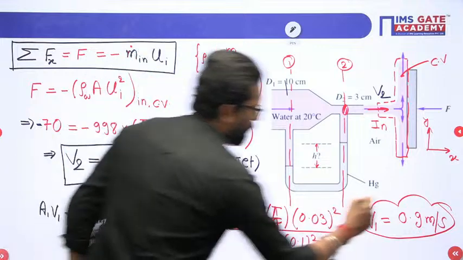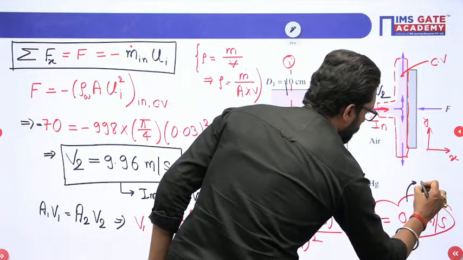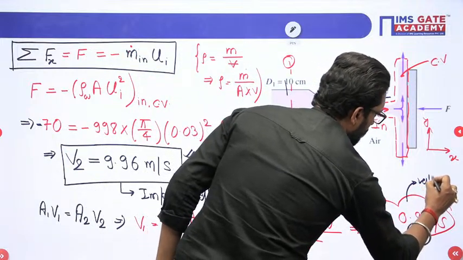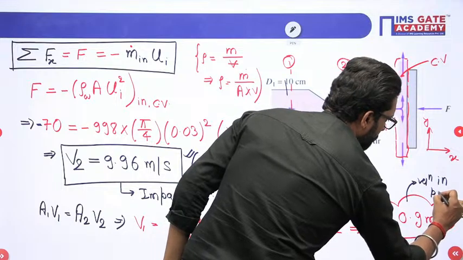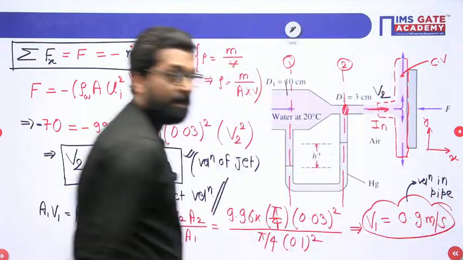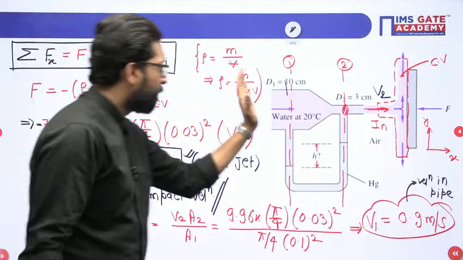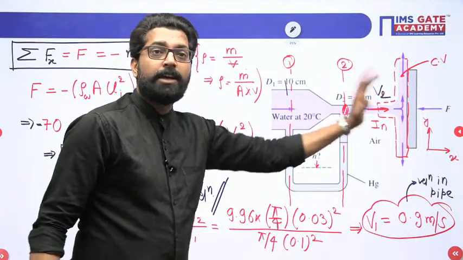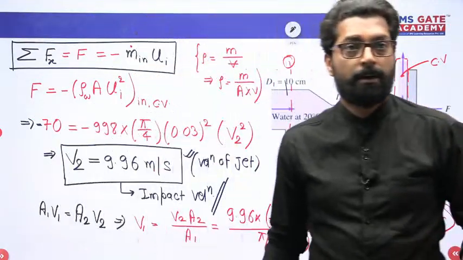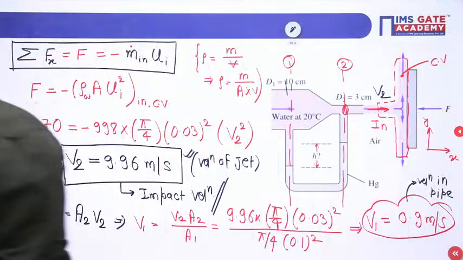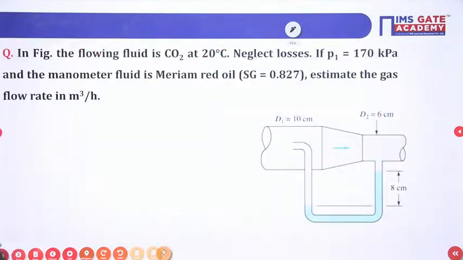Clear? Now, once you have the velocity in pipe and velocity of jet, you can easily find the pressure difference by applying Bernoulli's equation.